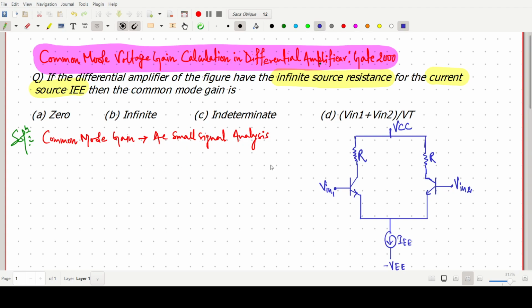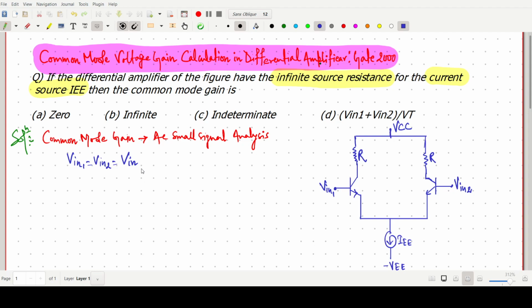In addition to that, in this question we are asked about the common mode voltage gain, so we have to say V in 1 equals V in 2 equals V in. Okay, we are assuming that. Clear?